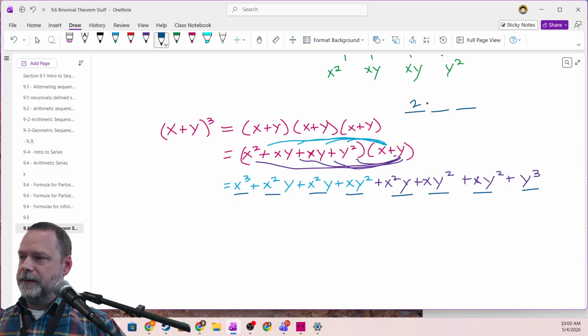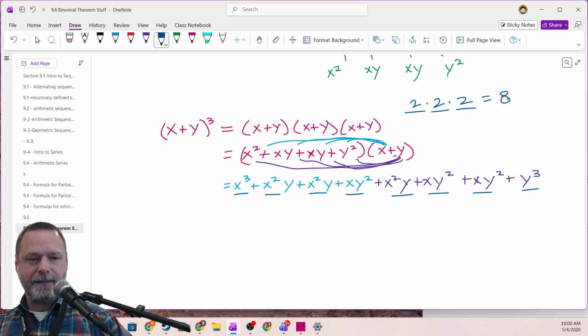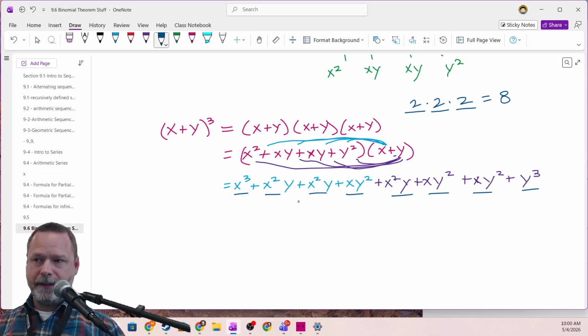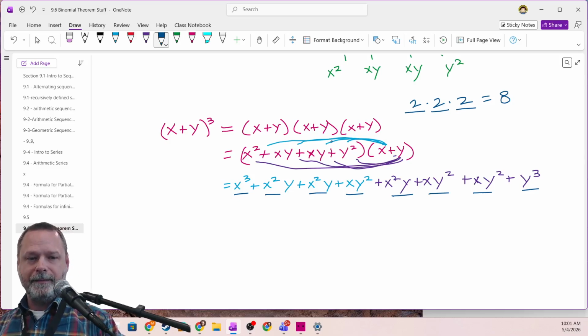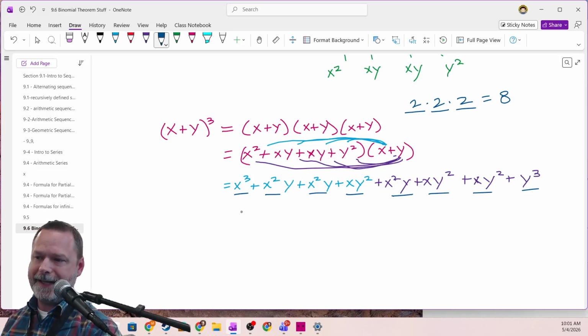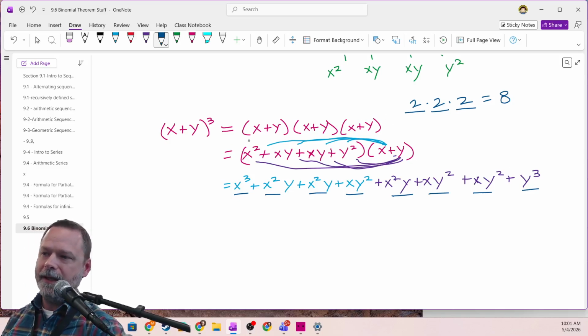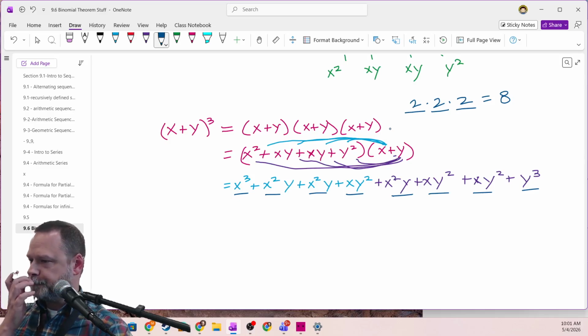It'd be 2 times 2 times 2. You would get 8 possible outcomes. But of course, for us, we are multiplying everything in the first choice times everything in the second times everything in the third. So we're getting every possible outcome when we're multiplying through with these binomials.